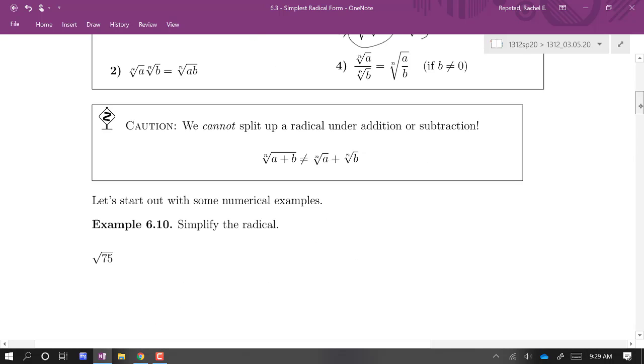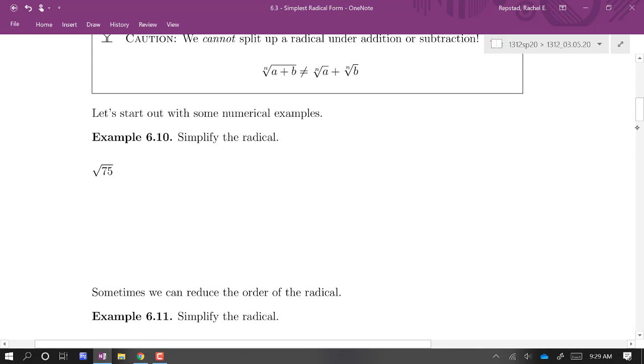So we're going to start with simplifying radicals. Basically, we want to take out any perfect nth powers. If it's an nth root, we take out any perfect nth powers. So here's a square root. We want to just take out squares. We start with factoring. There's two ways to think about this. 75 is 25 times 3. And then I could split up this radical.